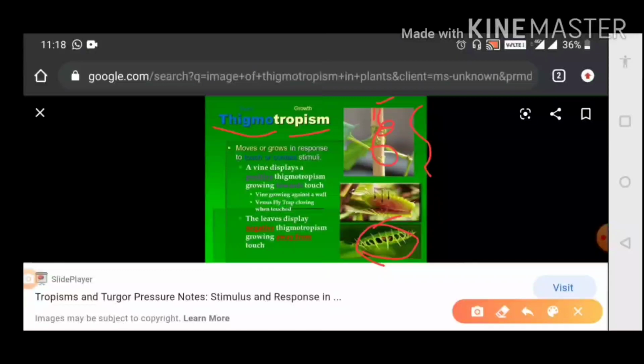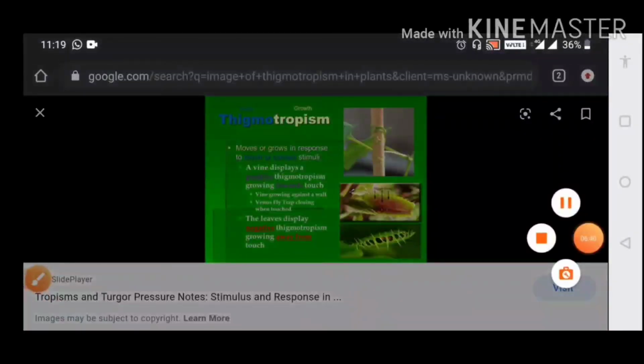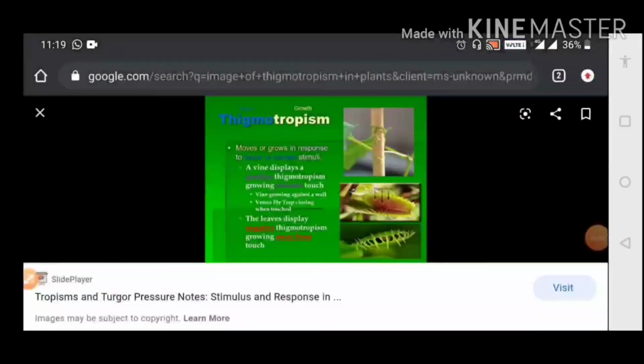Both of them are responsive towards the stimuli. Wherever there is stimuli, they will grow. So both this example of the vine or the climber and the Venus flytrap are examples of positive thigmotropism.